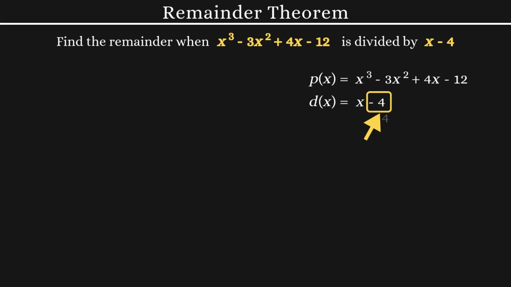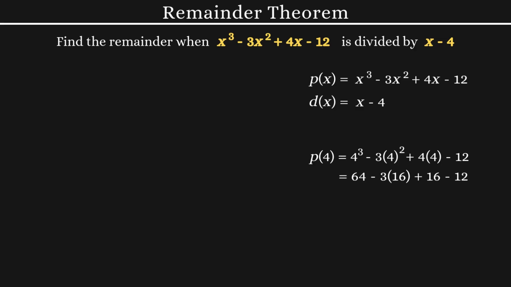Change the sign, plus 4, and find p of 4. 4 cube minus 3 into 4 squared plus 4 into 4 minus 12, which is 64 minus 3 into 16 plus 16 minus 12. 64 minus 48 plus 4, which is 20.